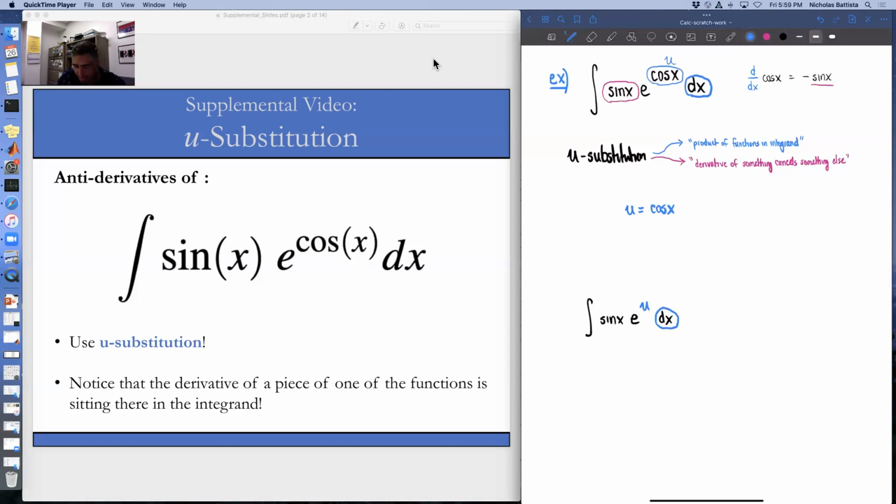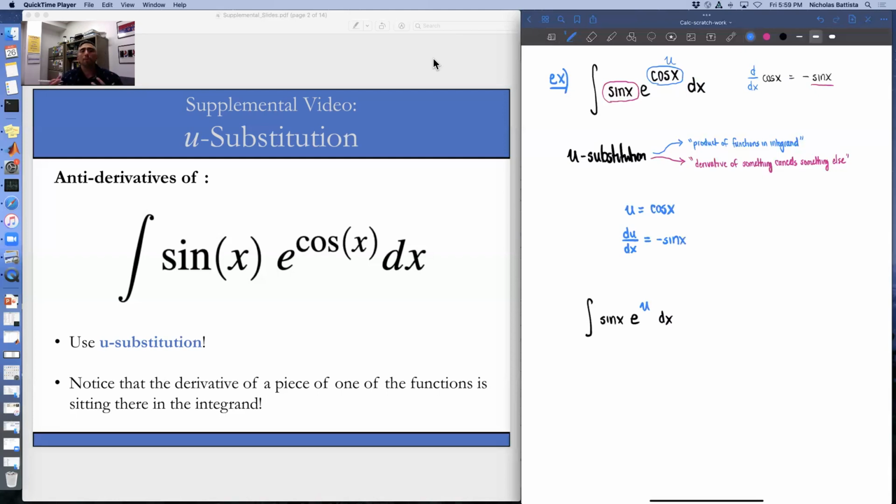We need to get that in terms of du. The way we do that is we visit our u-substitution and differentiate it. When we take the derivative of u with respect to x, we differentiate that cosine and get a minus sine of x.